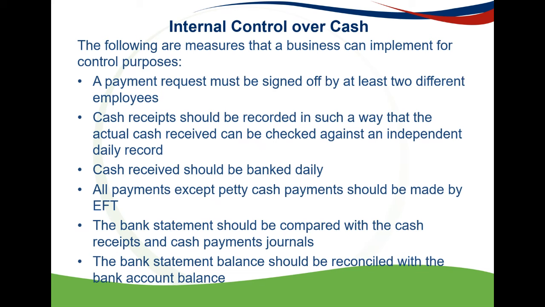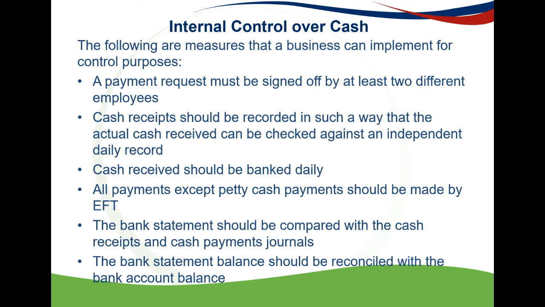The same with your payments. When you compare your cash payments journal with your bank statement, you will also first make sure that the amounts agree so that there are no errors. And also that all payments that are reflected on the bank statement are also reflected on your cash payments journal. Let's say there was an unauthorized payment that went through, you will pick it up on your bank statement.